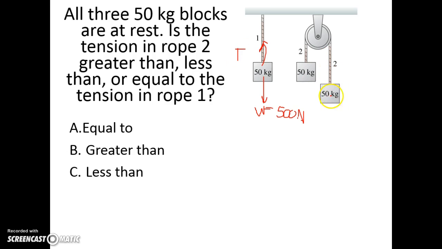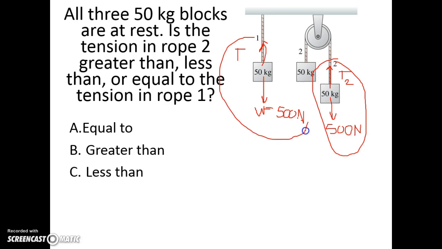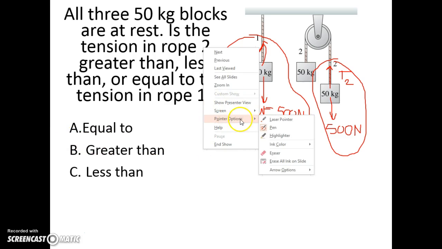Over here, in a connected system, we look at each individual item. And so again, I would have weight equal to 500 newtons, and I would have T2. And if this thing is not moving, then clearly T2 has to equal T1 here. And so it has to be equal to.